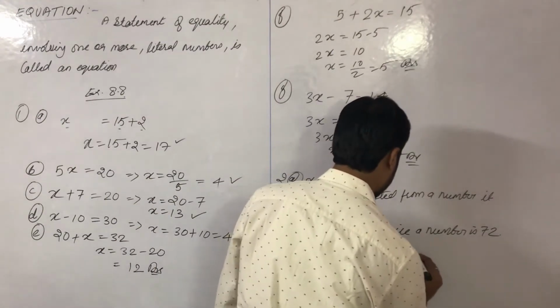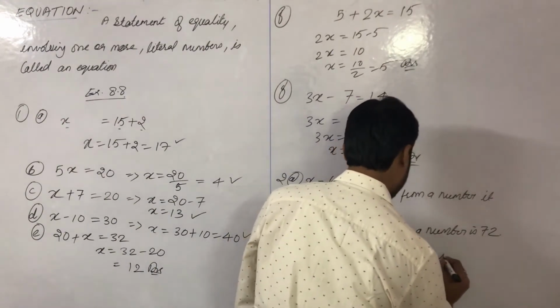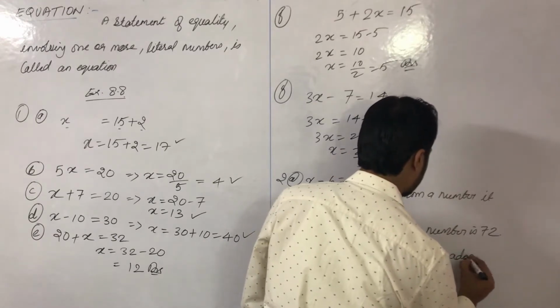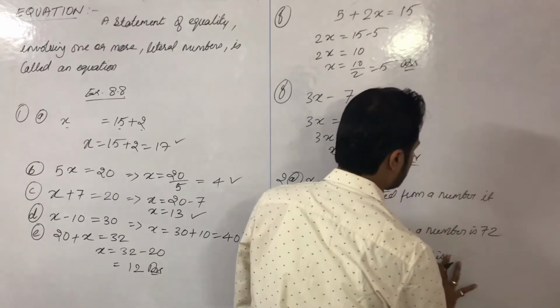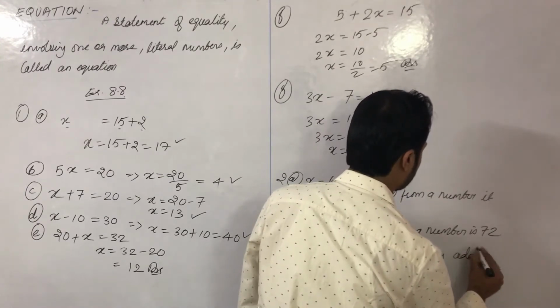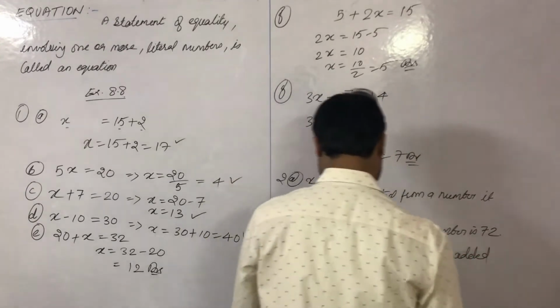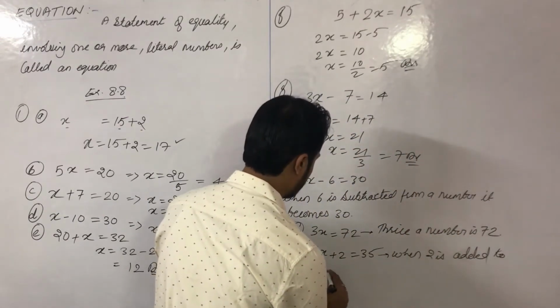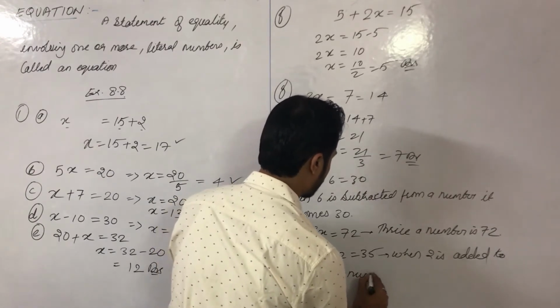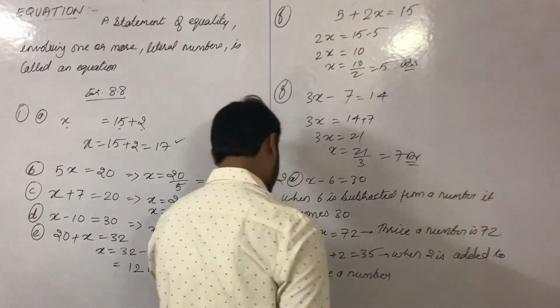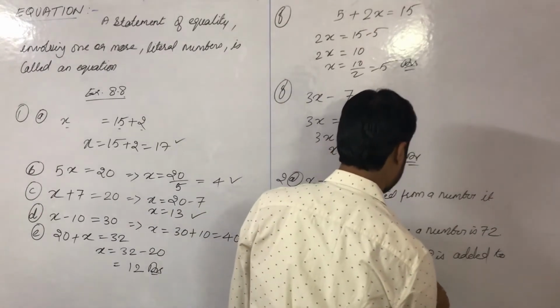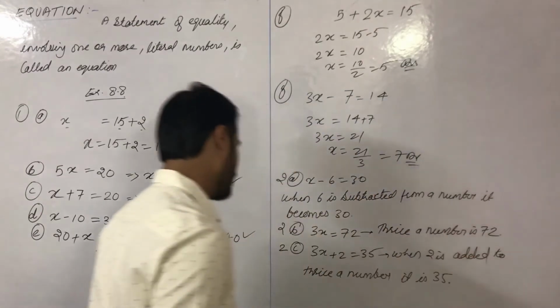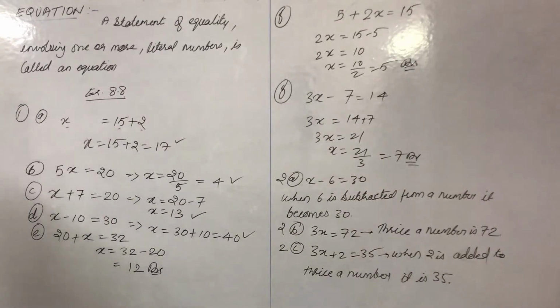When 2 is added to thrice a number, it is 35, or it becomes 35.